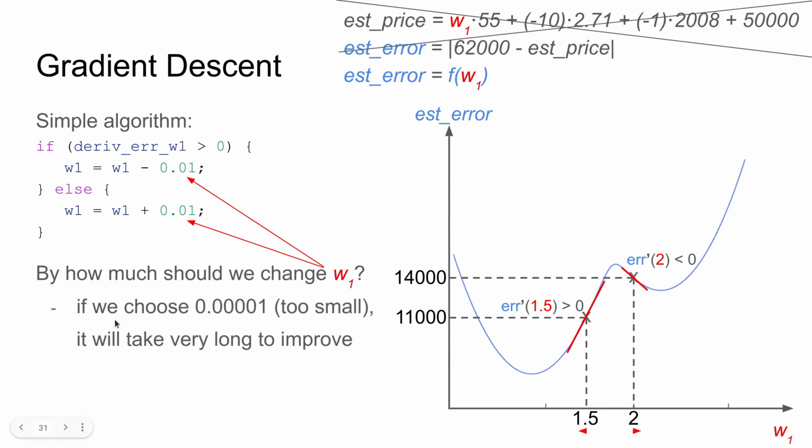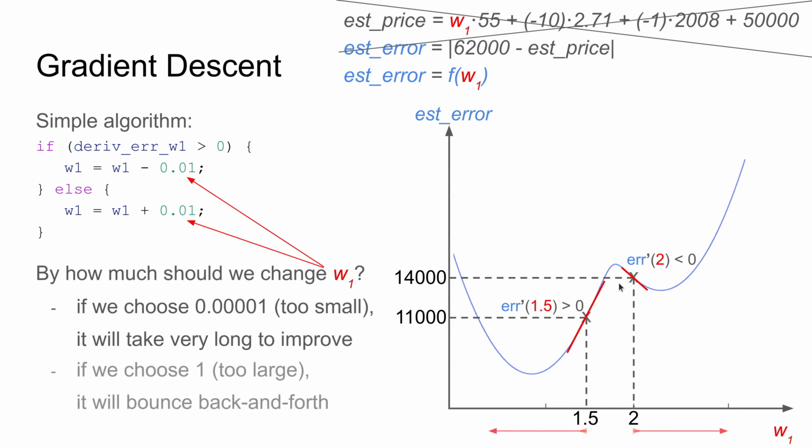If you choose a very small value, then it will take us forever to get to this point. The learning will be really slow. Instead, if we choose a big value like 1, it might just jump around like a crazy dude.